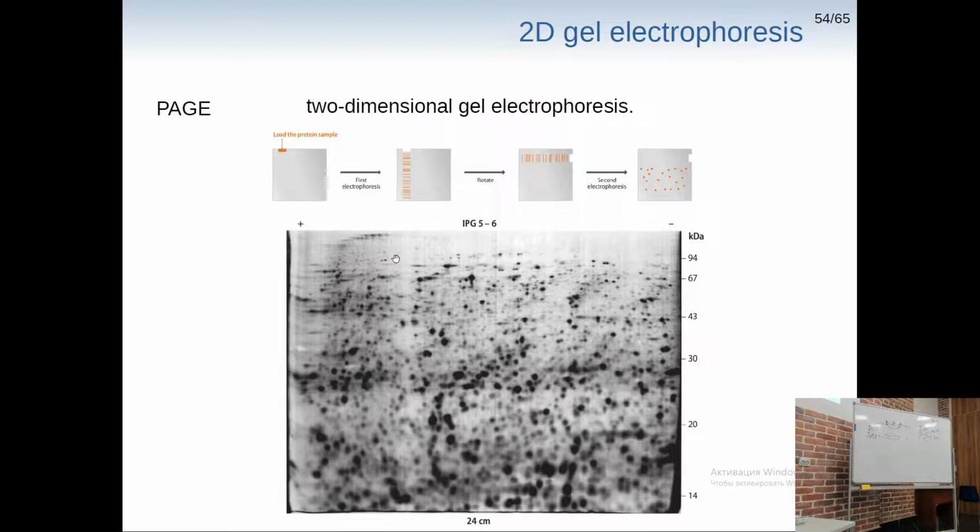And what you can do, you can actually compare two different gels side by side. For instance, you are interested in what changes in the proteome of your organism of interest under different conditions, be it a control group, a diseased group, or you just have some heat shock, for instance, on E. coli, and you can see what would be the difference in the proteomes of those two samples, just by comparing two gels. And then you can find spots which are differently synthesized or expressed.